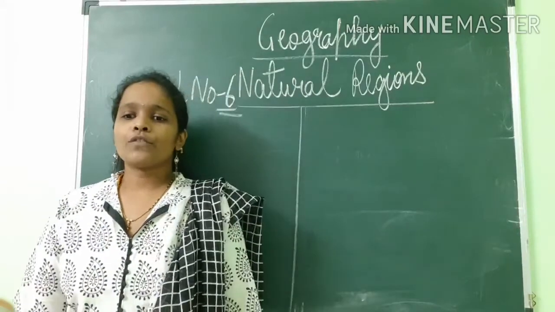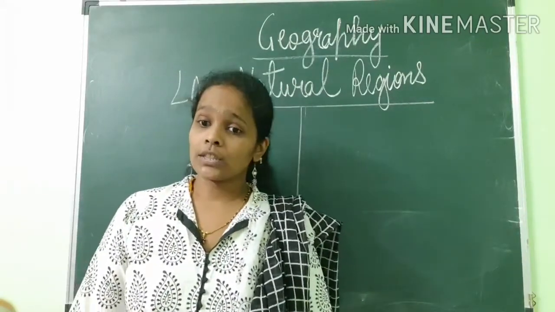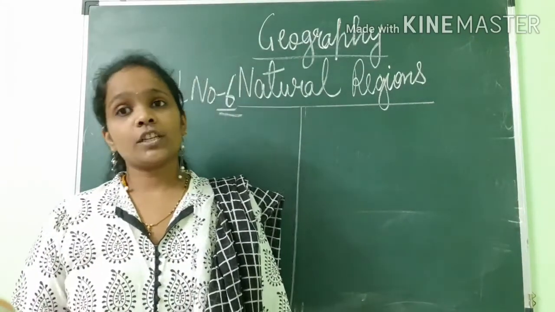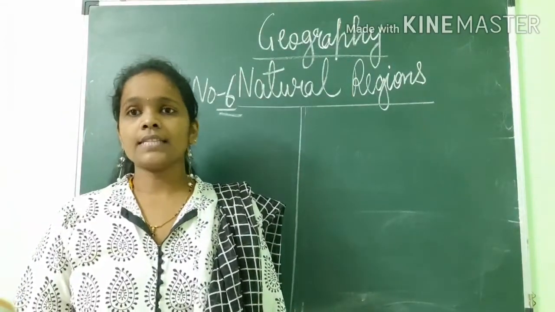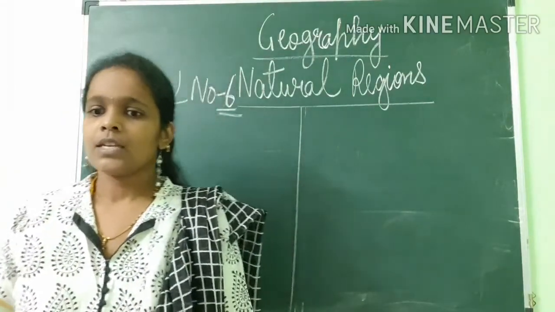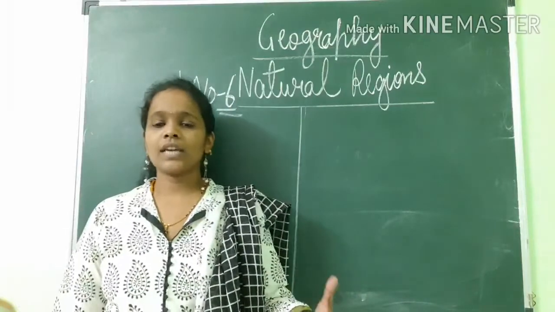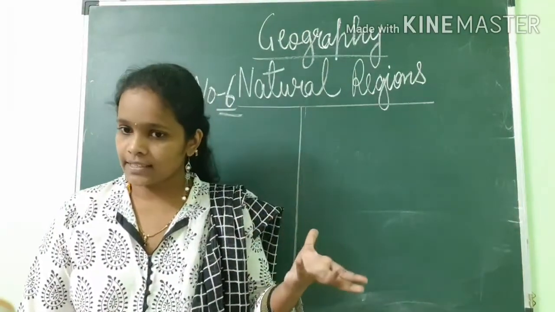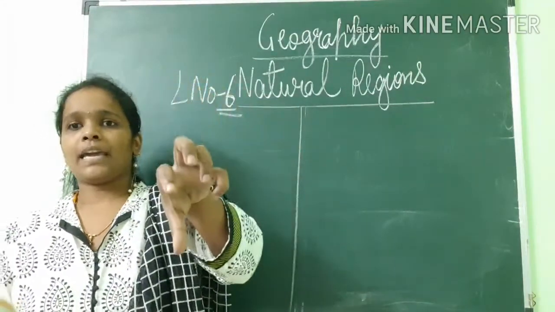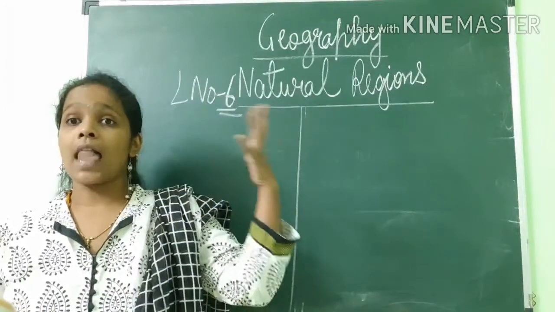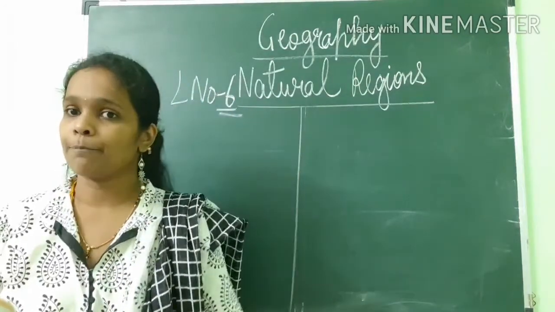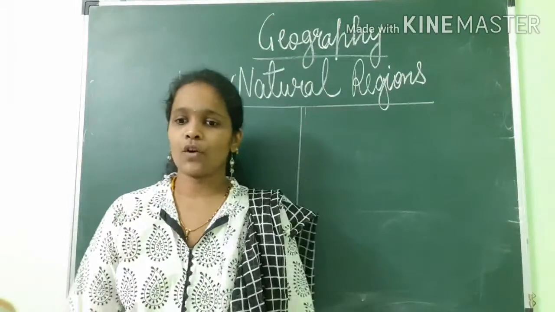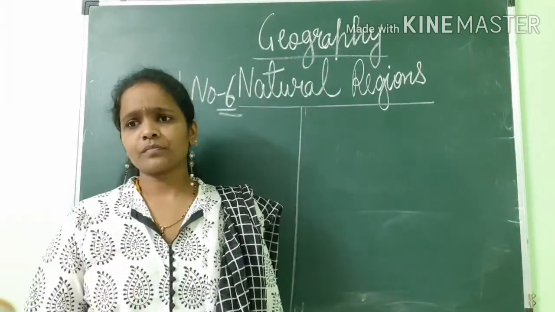The use of resources is dependent on that region's progress in science and technology. Similarly, the history and cultural organization of that place also affect the life of the people.